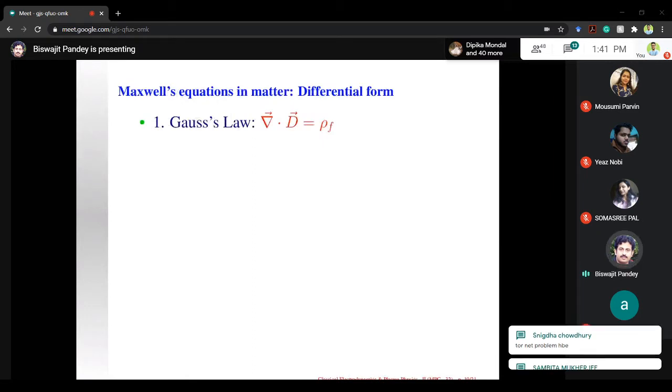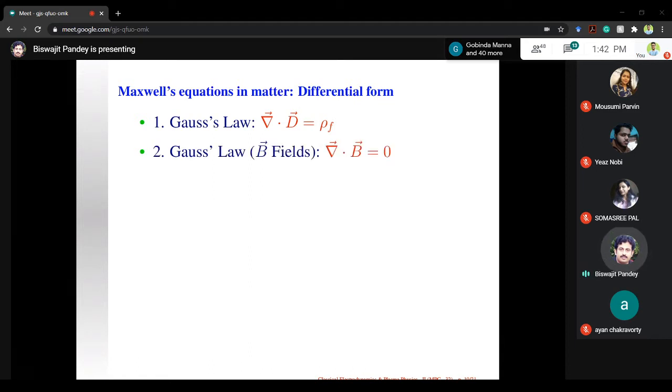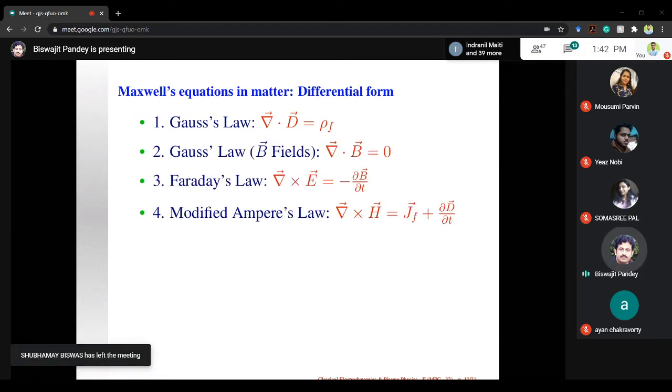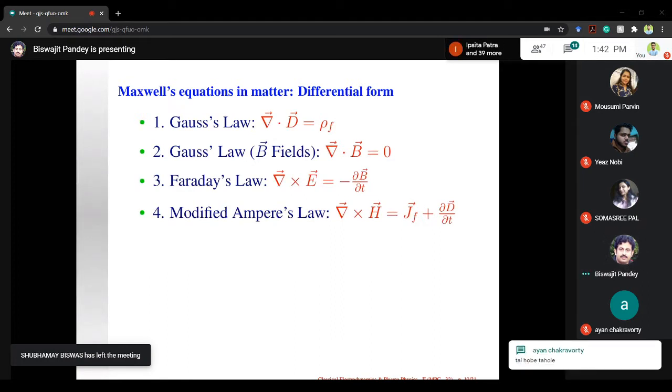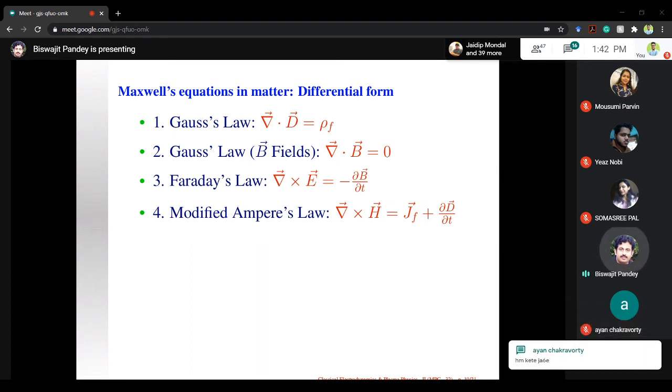Now, let us look at the equations in matter. So we have written them. E and B now go to D and H, because a material can have properties. It can be a dielectric, or a combination of a dielectric and metal. So there can be free charge density as well as bound charge density, and free current density as well as bound current density.